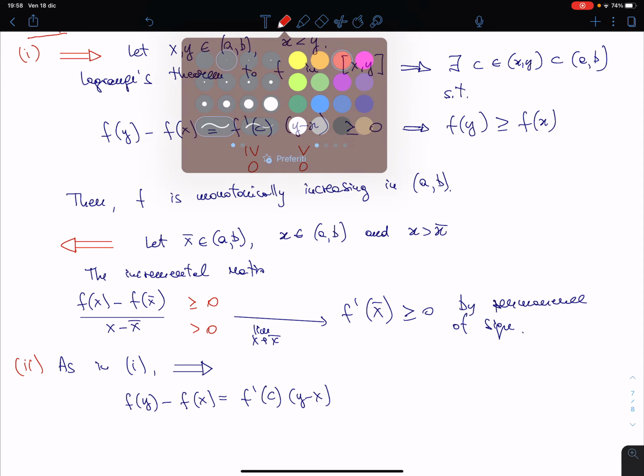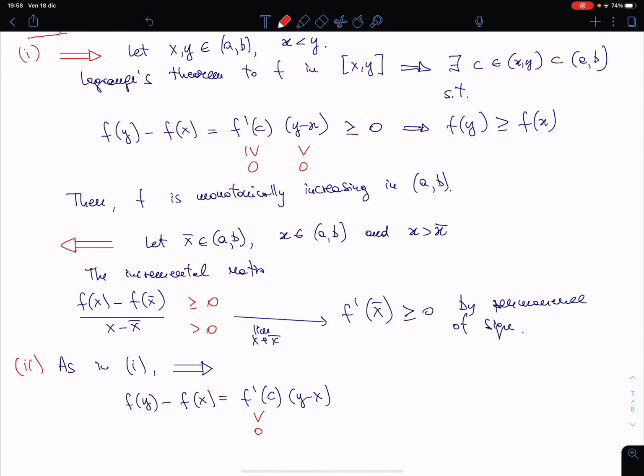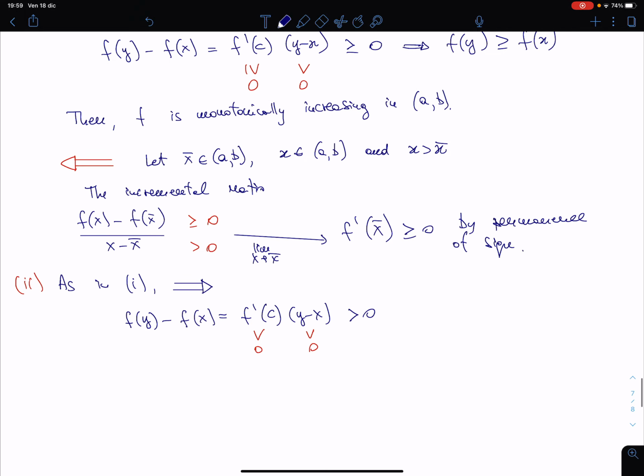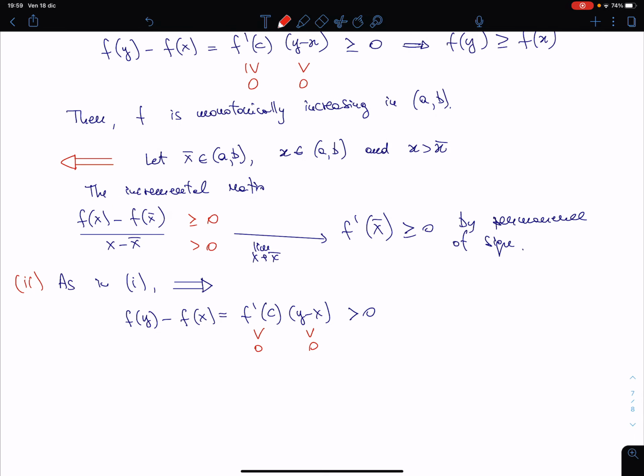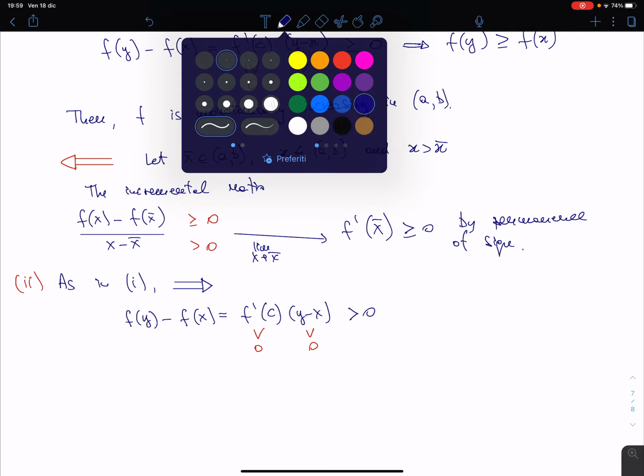This time f prime of c is positive, y minus x is positive, so their product is positive too. And then we can conclude that f is strictly monotonically increasing.